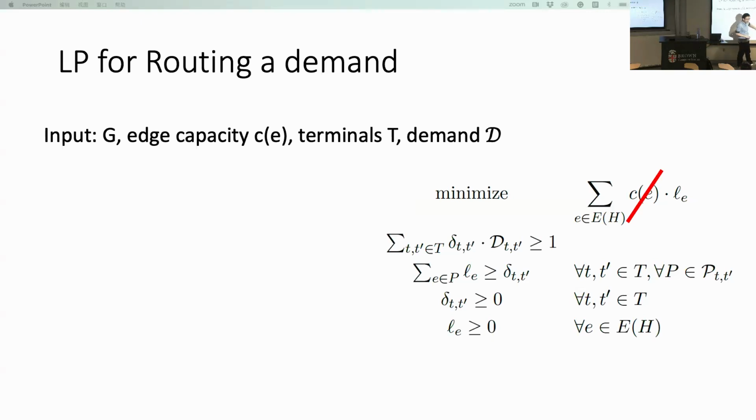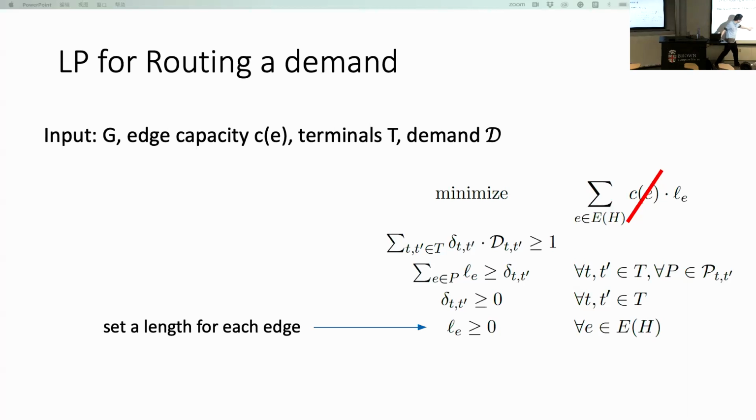There are two types of variables, l_e and delta_TT'. l gives a value to every edge that can be viewed as the length of this edge. Normally when the primal has a flow or congestion meaning, the dual has a length or distance meaning.